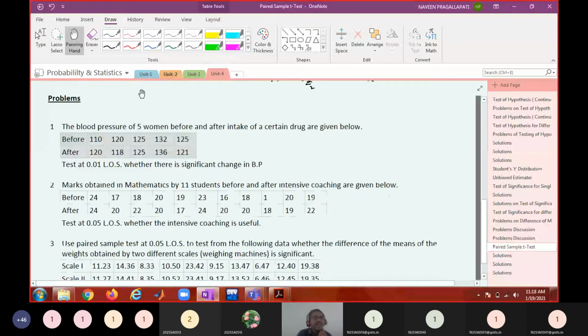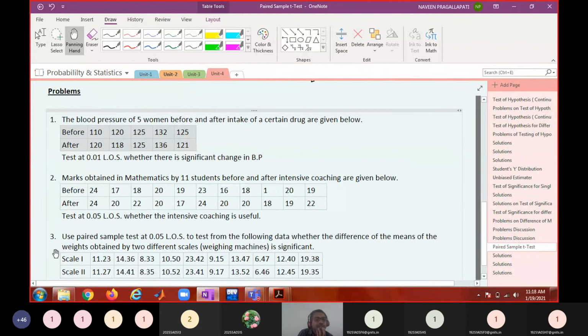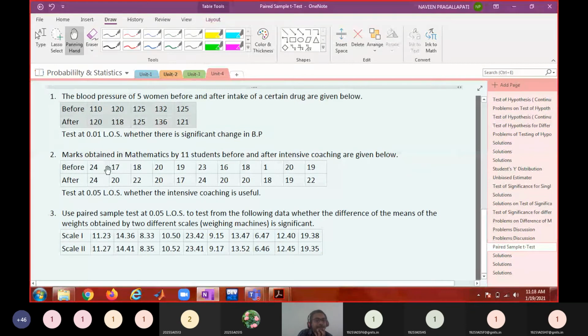Now just go through the second problem quickly. Marks obtained in mathematics by 11 students before and after intensive coaching are given below. So some intensive coaching is given. Before the coaching, these are the marks obtained.